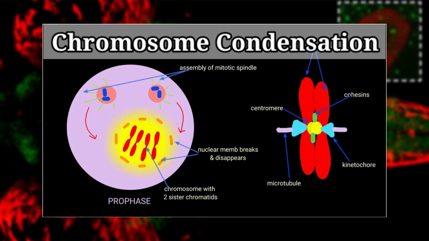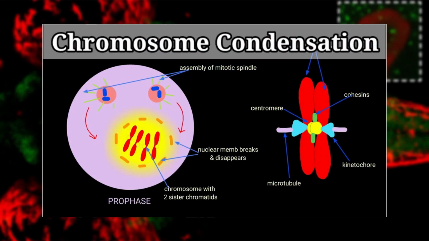Mitosis. Chromatin condenses into compact chromosomes with two sister chromatids joined at the centromere. This condensation, beginning in prophase, prevents entanglement and enables smooth alignment at the metaphase plate. Kinetochores. Protein complexes at centromeres attach chromosomes to spindle microtubules.